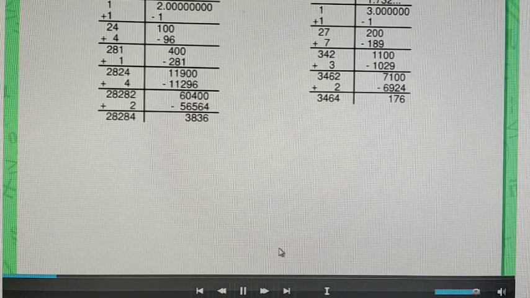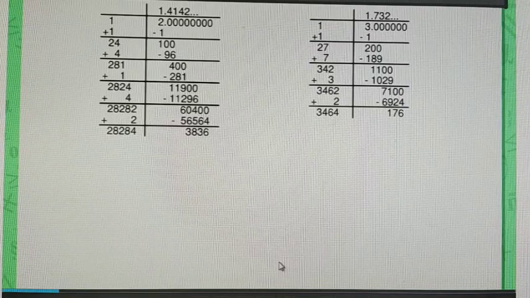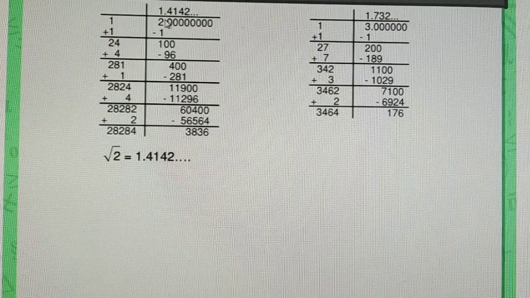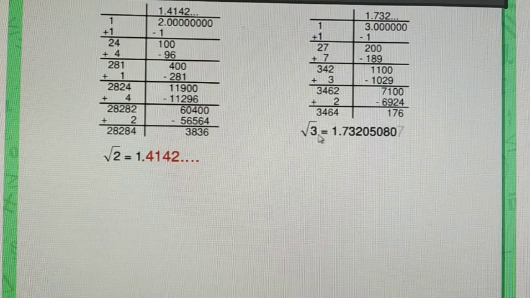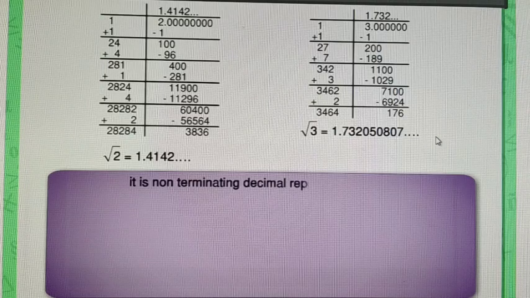Now let us calculate the division of root 2 by division method, which you have already studied in your previous standard. Now the answer is coming, that is 1.4142 and so on. And second, the answer is 1.7320508007 and so on.